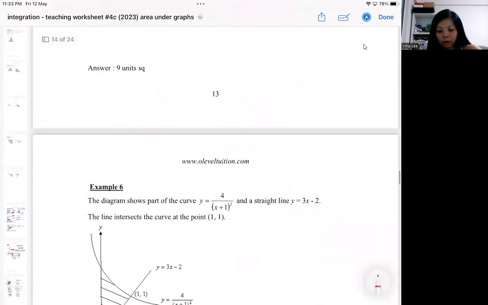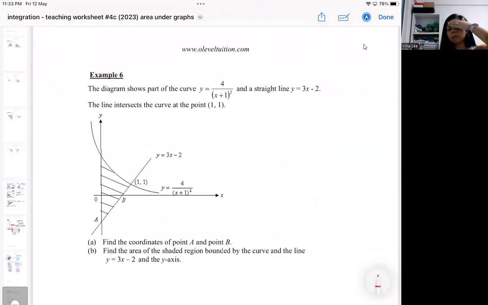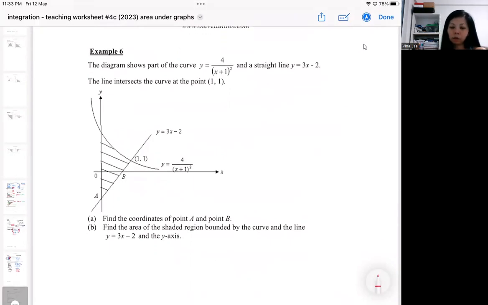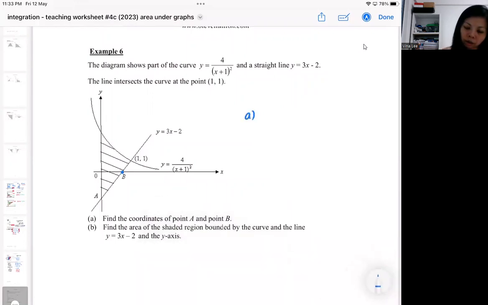If you look at example 6, they asked us for coordinates first. They also gave us the intersection point. For part A, they wanted the coordinates of A and B. A is the y-intercept, B is the x-intercept.